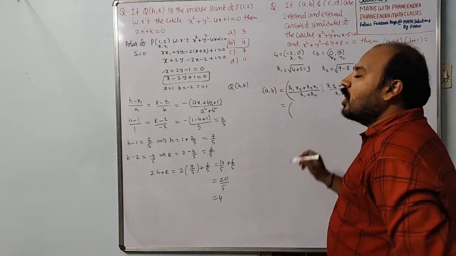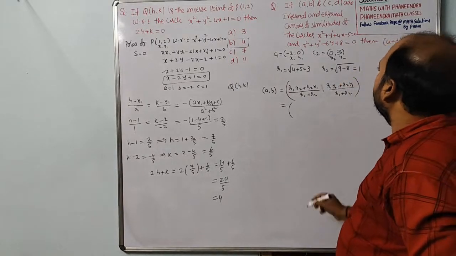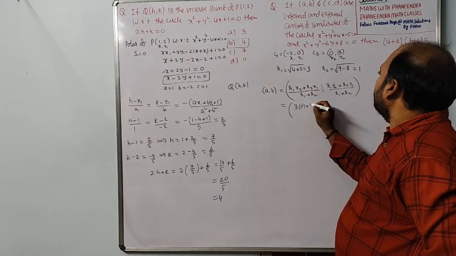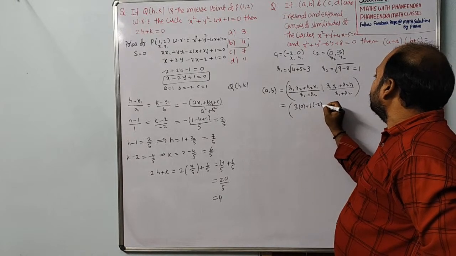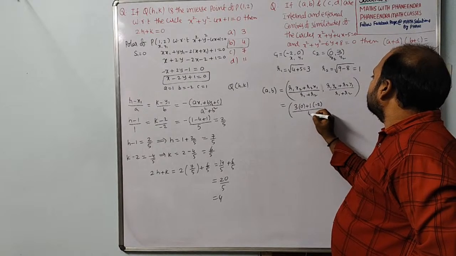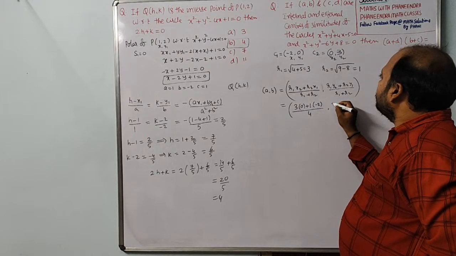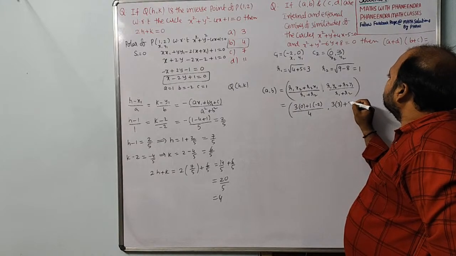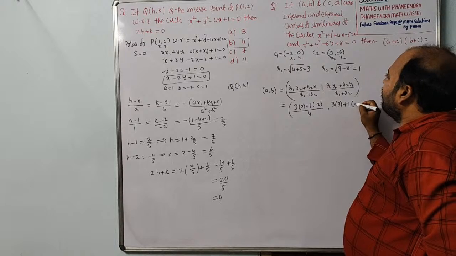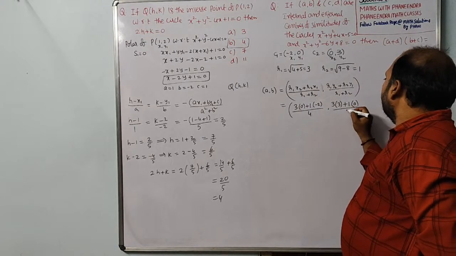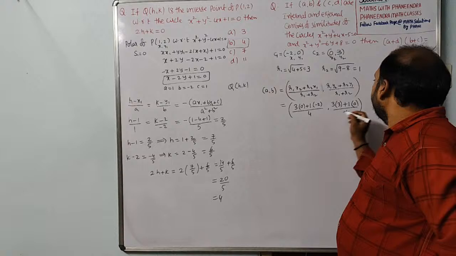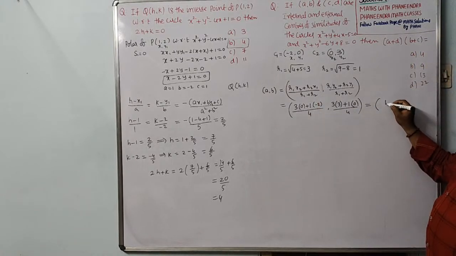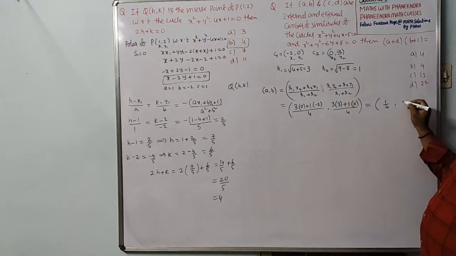So which is equal to R1x2, R1 value is what? 3 into x2 value is 0 plus R2 value is 1, x1 value is minus 2, by R1 plus R2, 3 plus 1 is 4. R1 y2, 3 into y2 value 3 plus R2 value is 1 into y1 value is 0, by 1 plus 3, that is equal to 4. So which is equal to minus 2 by 4, 9 by 4.